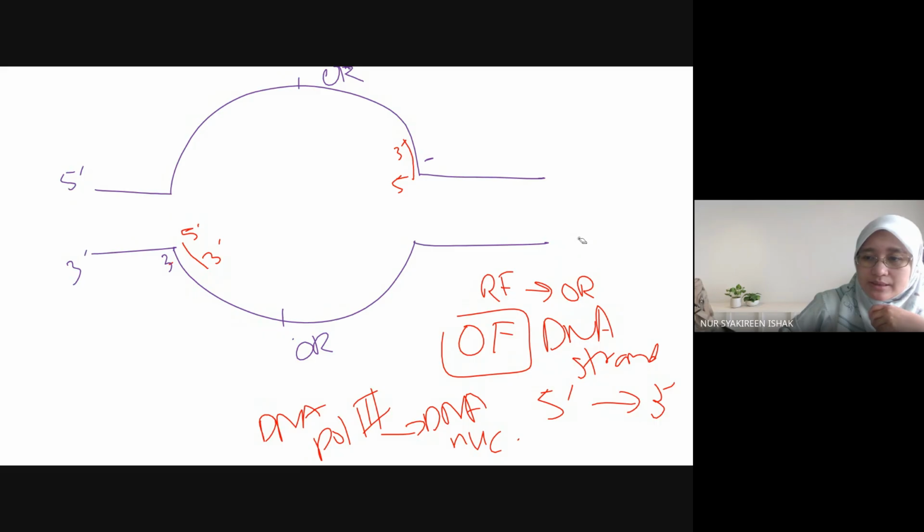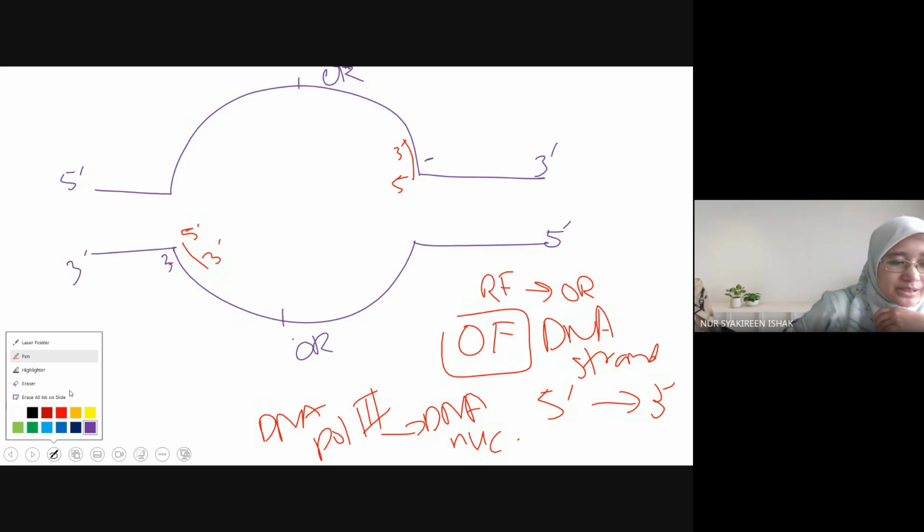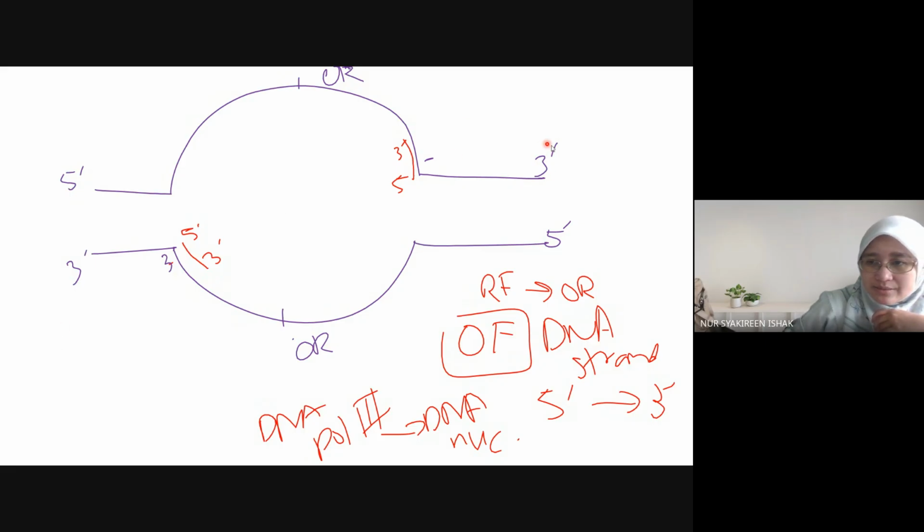Sini 3 kan. 5, 3. Okay. So, bila kita nampak dekat hujung sini ada 3 kan. Sini pun 3 pada template tu. Sini pun 3 juga. Bila 3 baru boleh complement dengan 5 kan. Baru boleh complement dengan 5.